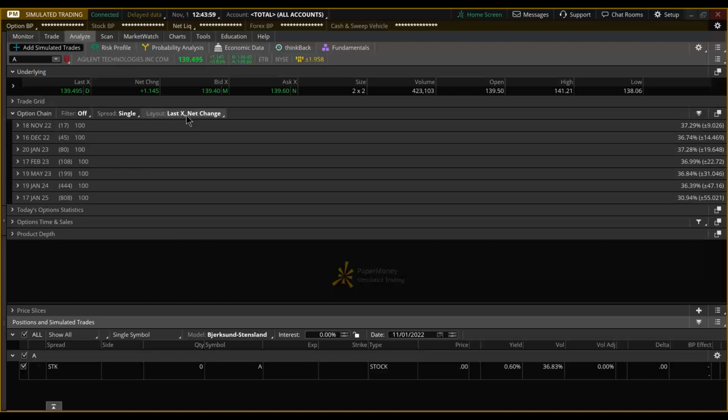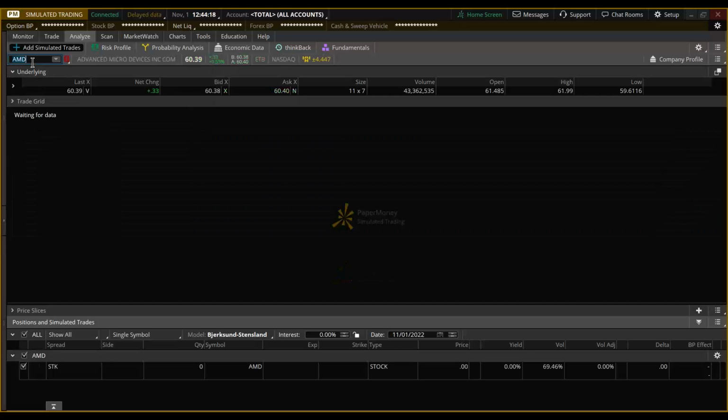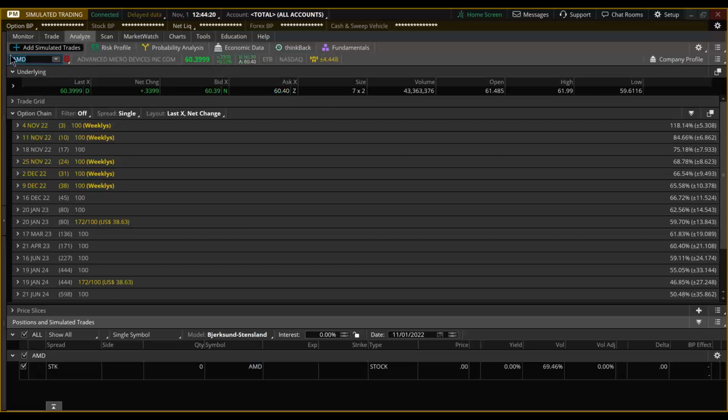Somebody help me here. How do I get it to show the weeklies also here? Oh, I see, I'm not on AMD. I see the problem. Okay, there we go. It didn't pick up that I had switched to a different stock. Okay, there's my weeklies. They are there now. Sorry about that.